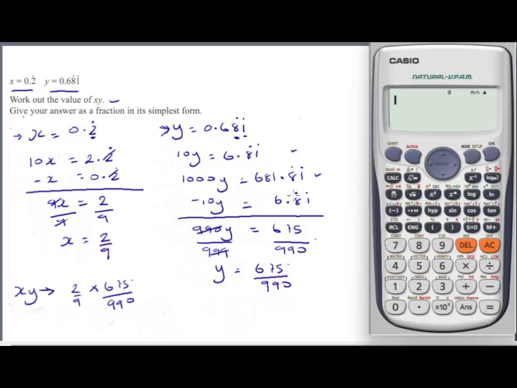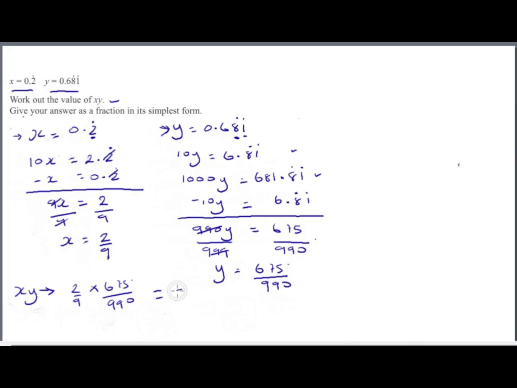So here we have 2/9 times 675 over 990. All right, and there we get 5 over 33. So there you have our answer, 5 over 33. So xy is equal to 5 over 33.